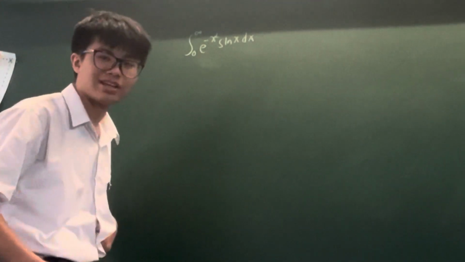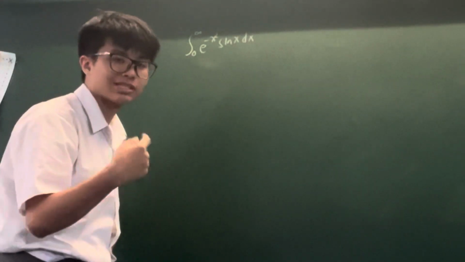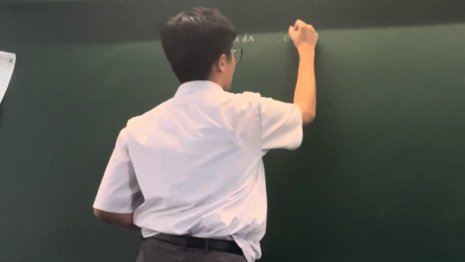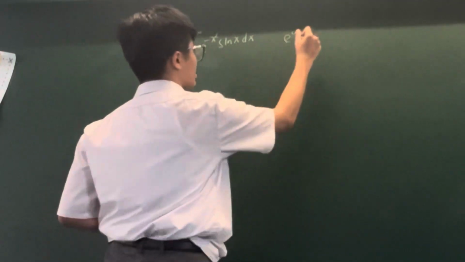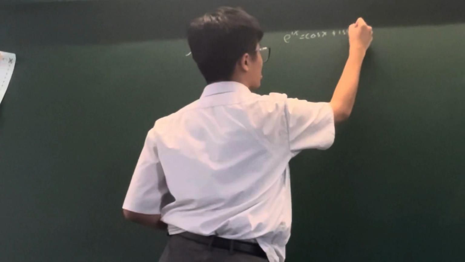real part method. You know, sin x is equal to Im, right? Because of Euler's formula, e to the power of ix is equal to cosine x plus i sin x.